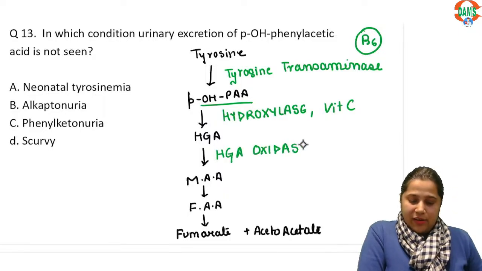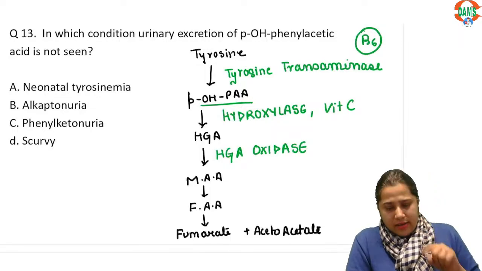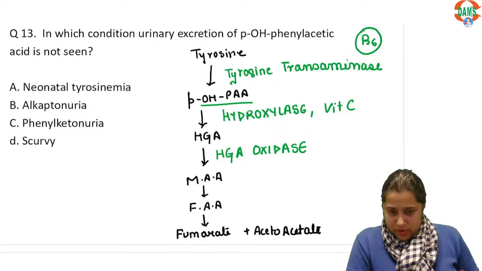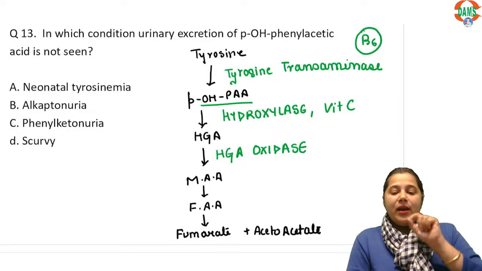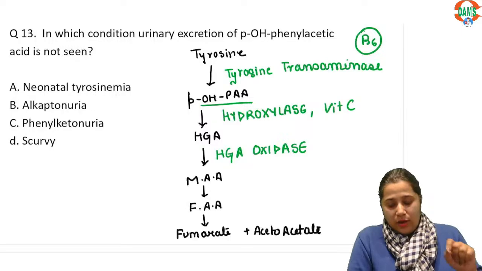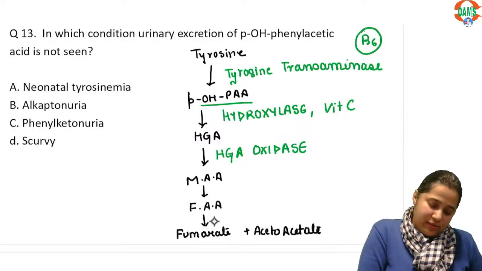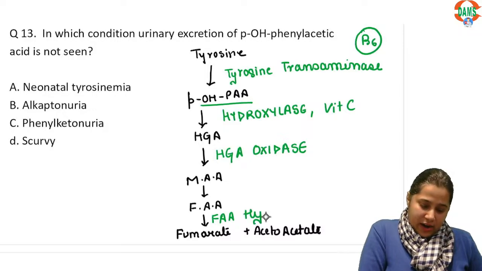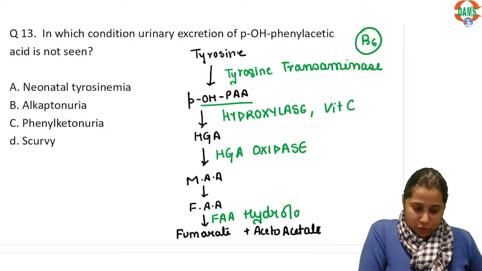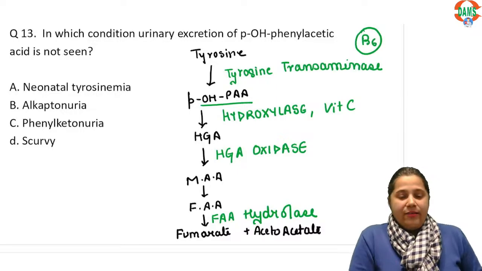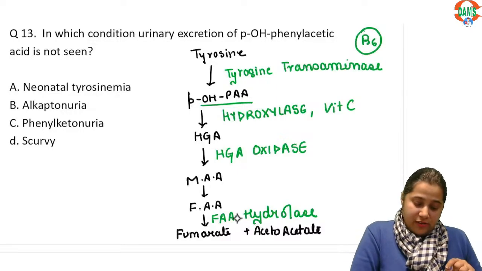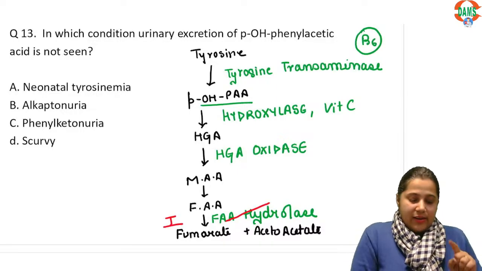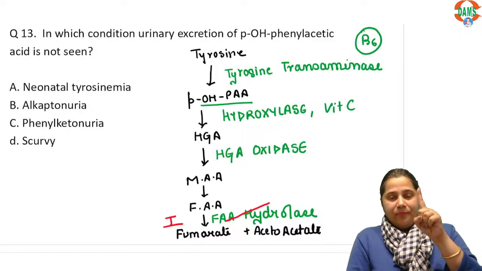The homogentisic acid is converted to maleylacetoacetate by the enzyme homogentisic acid oxidase. Maleylacetoacetate to fumarylacetoacetate is an isomerase, not a very important enzyme, I am not even writing it. But fumarylacetoacetate is converted to fumarate and acetoacetate by the enzyme fumarylacetoacetate hydrolase. Please note, if the last enzyme is deficient, it will result in tyrosinemia type 1.